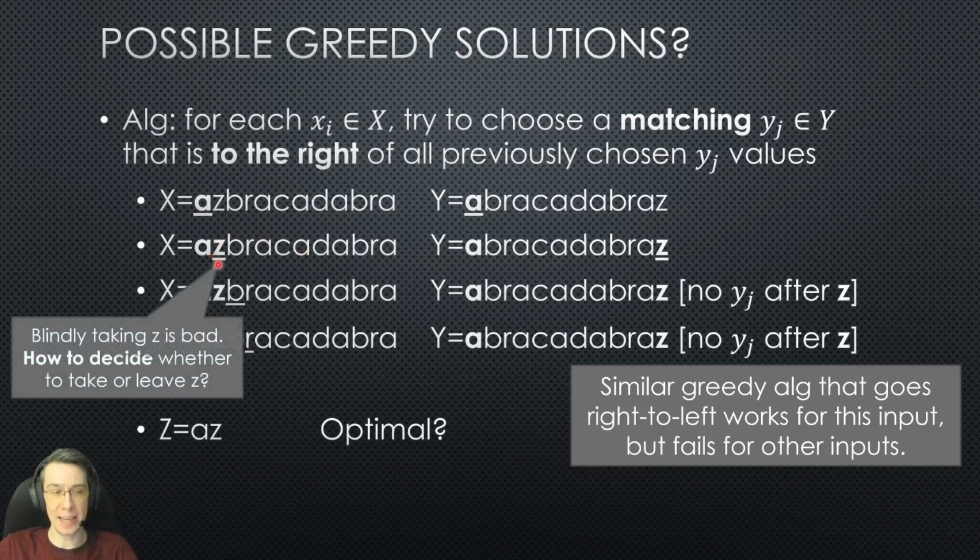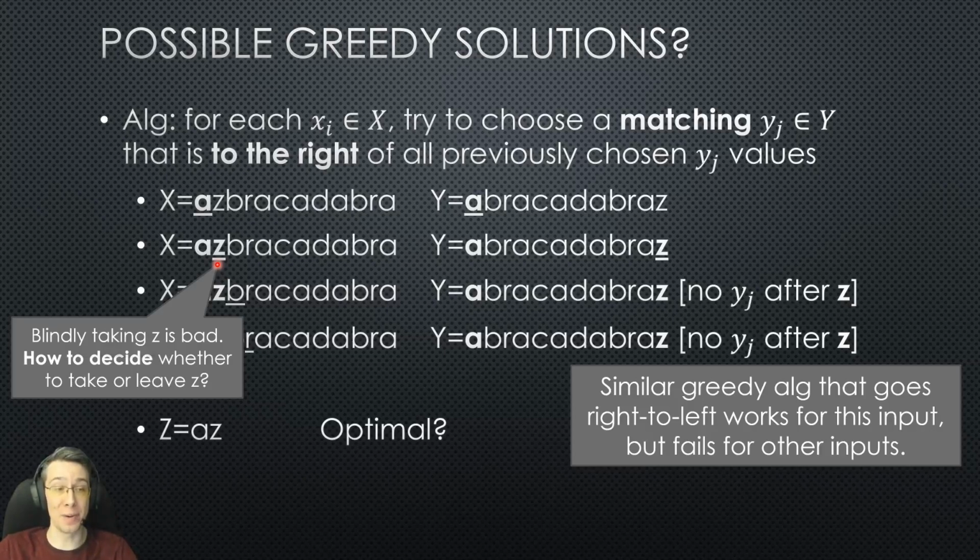So blindly taking Z here is bad because we end up matching it very far on the right, and then we can't continue after that point. How should we decide whether to take or leave Z in this case? In dynamic programming, we could maybe try both possibilities, right? Whereas in greedy, if we take it, then we can't later try not taking it.